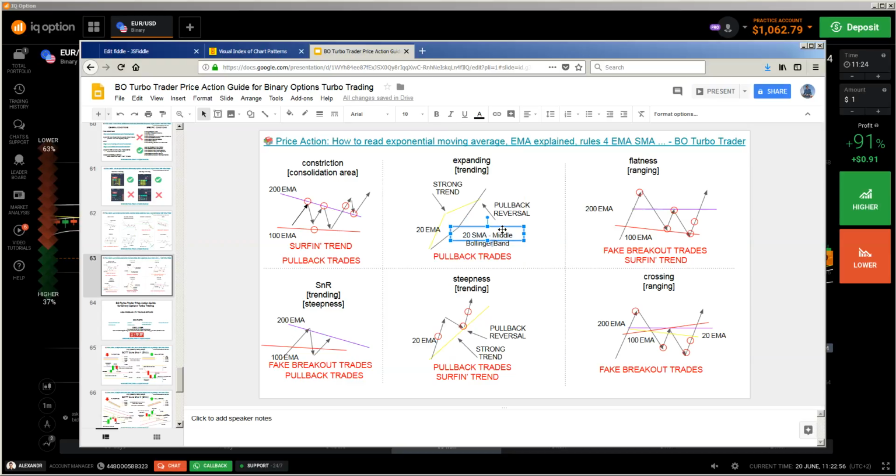SMA or middle Bollinger Band. So that should be already known. Let me make it middle BB, so it's shorter. Okay, that is okay. Middle BB. The 20 SMA is the middle BB.